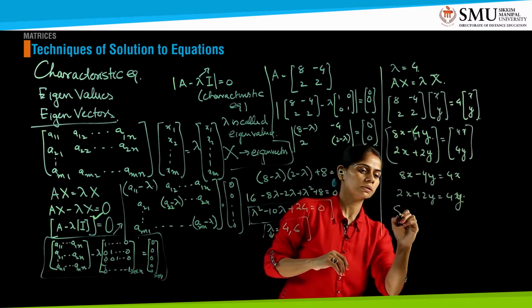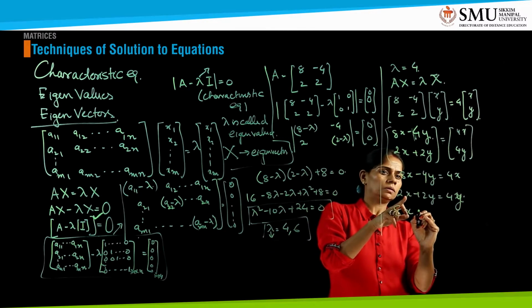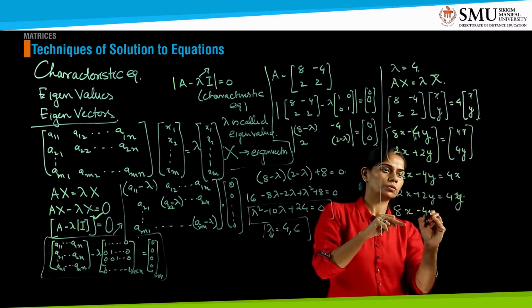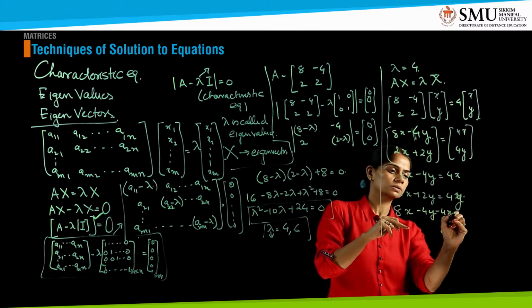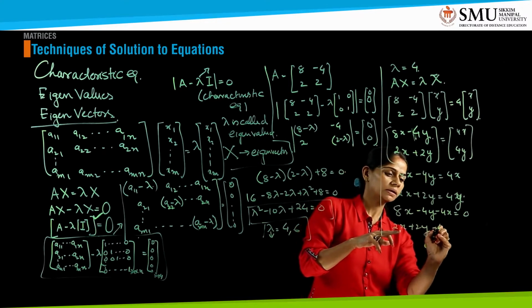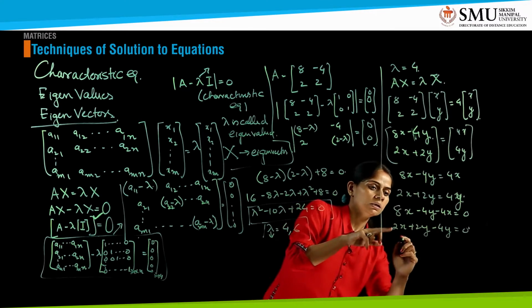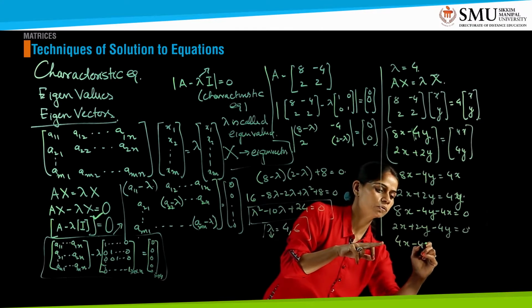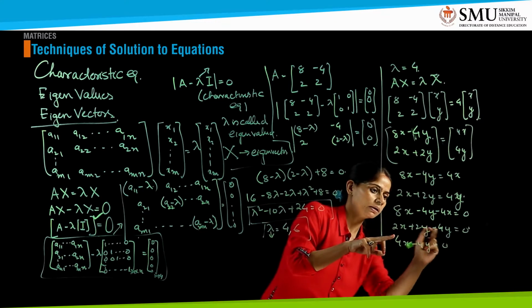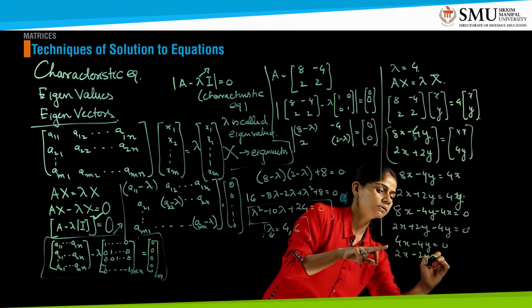Put the terms on one side: 8x minus 4y minus 4x equals 0, and 2x plus 2y minus 4y equals 0. From these two equations, 4x minus 4y equals 0 and 2x minus 2y equals 0.